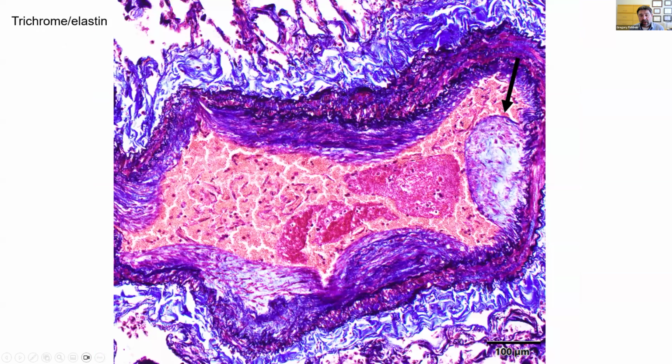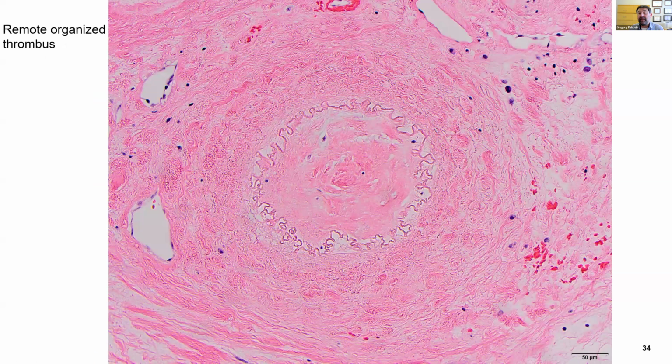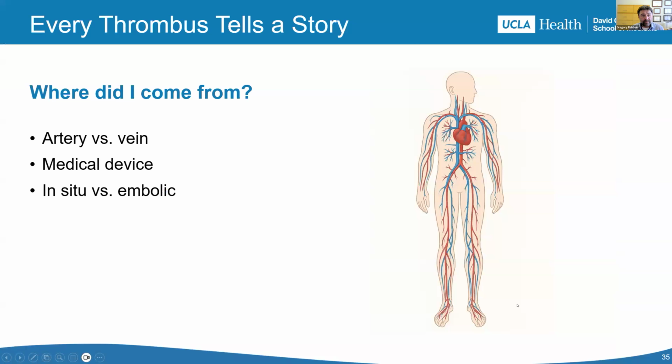This is a trichrome elastin stain showing also a mature clot that is adherent to the wall here, and you have something more immature right there. And then as it gets very old, the collagen becomes more dense, and here you can see the elastic layer of an artery that is completely occluded by an old thrombus that's nicely dense.